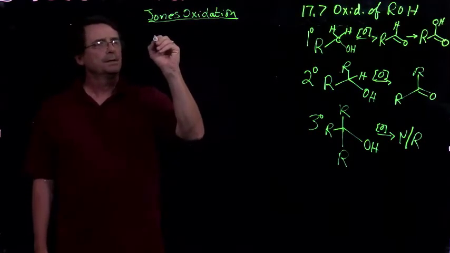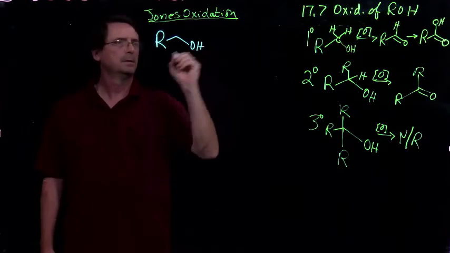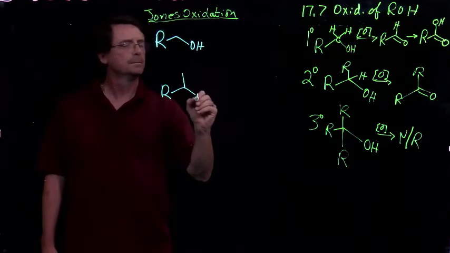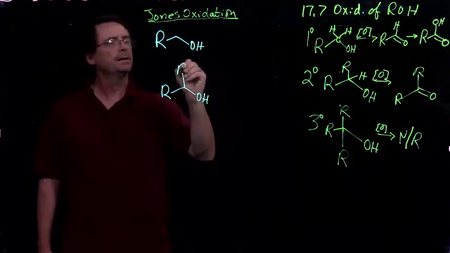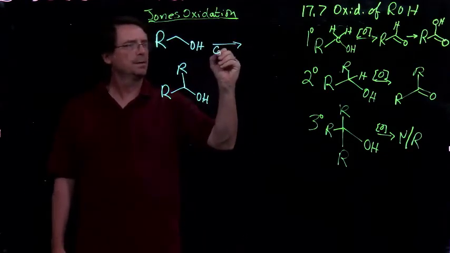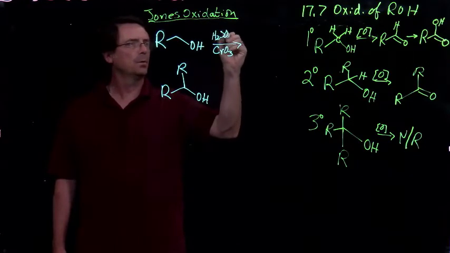In Jones oxidation, we have our alcohol, primary or secondary. And Jones conditions are typically generated with chromium trioxide and H2SO4.